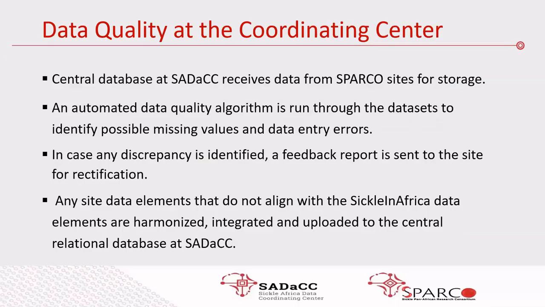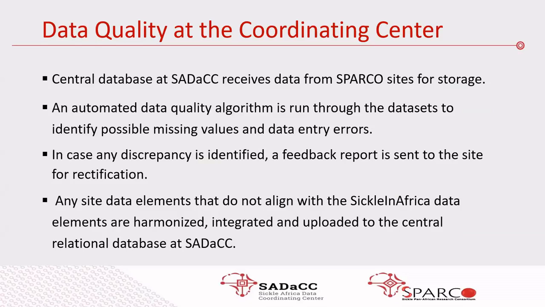So for data quality at the coordinating center, the central database at SADC receives data from SPARKLE sites as long as the data transfer agreements are in place. There is an automated data quality algorithm that is run through the datasets to identify possible missing values and data entry errors.